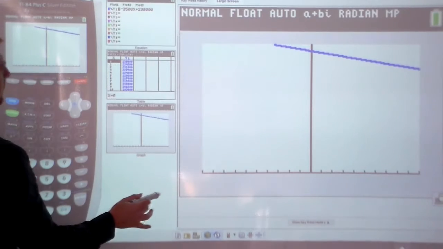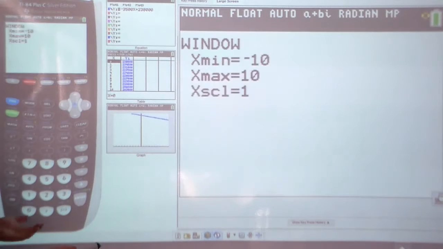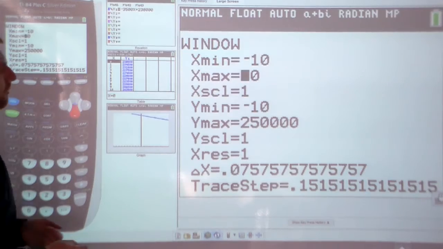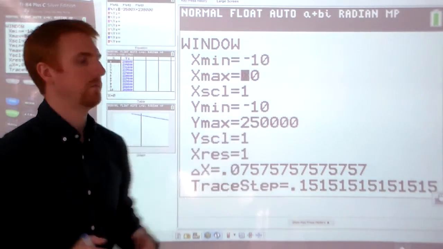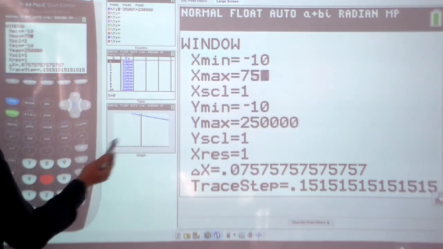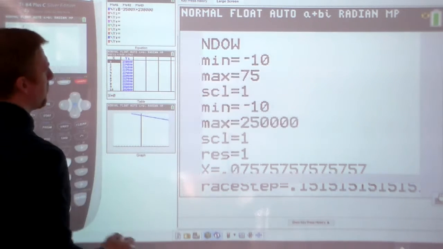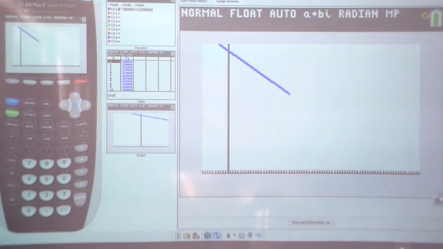Okay, so again, you can kind of guess your way through it. You can do the algebra, it's up to you. But if 68 is as high as the x will ever get before it goes negative, I'm just going to put 70 here, or I'll put 75. It doesn't have to be perfect, just enough to get the graph to show up in the window. And there we go. There's our expense curve.